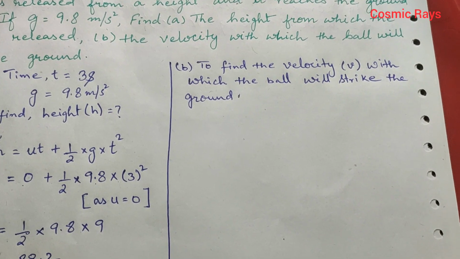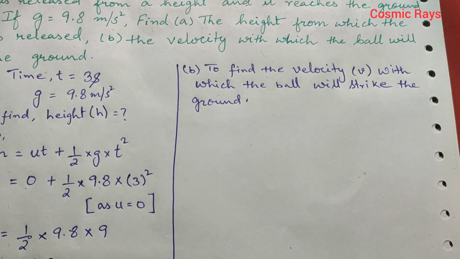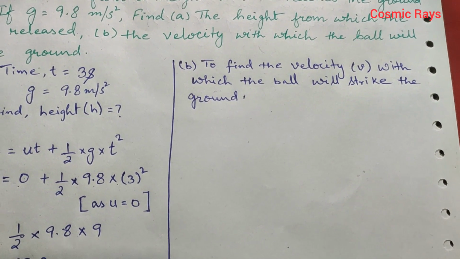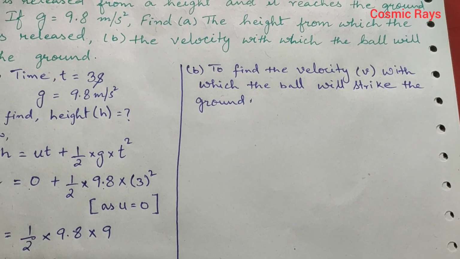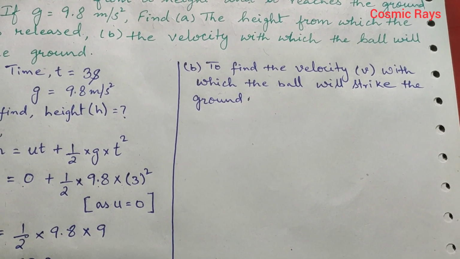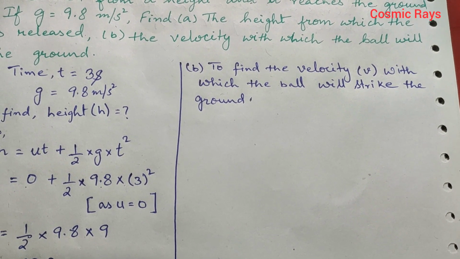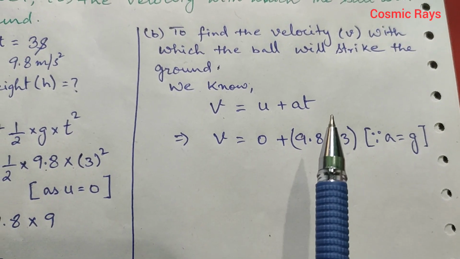Now the second part of the question, we have to find the final velocity, that is v, with which the ball will strike the ground. So here we will be using the equation v equal to u plus at, because all the values are known to us, and using those values the final velocity v can be calculated. So we write v equal to u plus at.